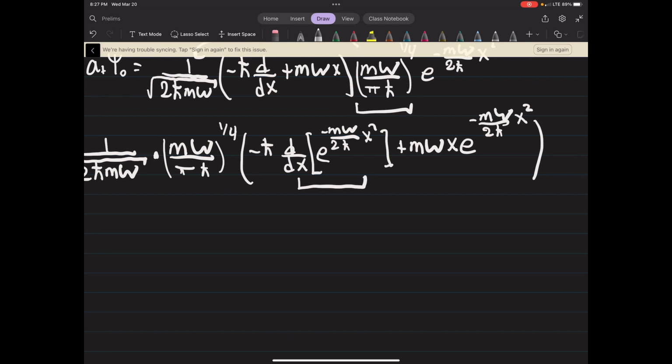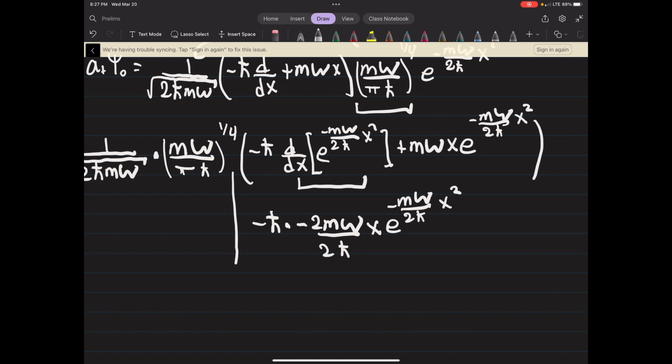We're going to have just minus h bar times, I'm going to ignore these constants, but they'll come back, times minus 2 m omega over 2 h bar x e to the minus m omega over 2 h bar x squared.